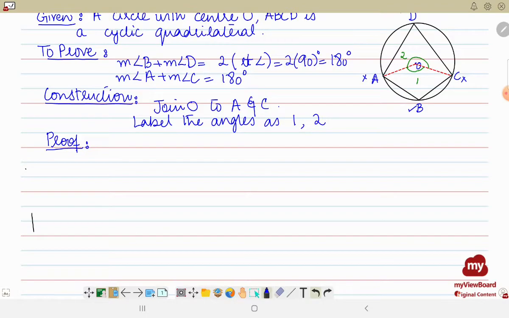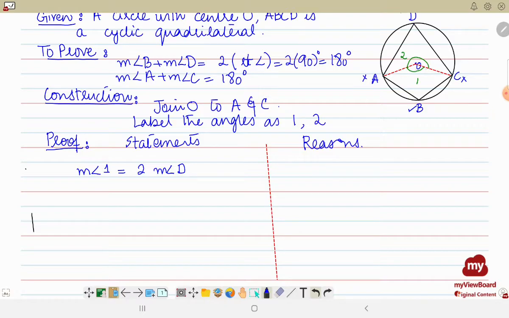Statements and reasons. The very first thing we know from theorem number 1 from this chapter is that measure angle 1 is equal to 2 times measure angle D. The theorem says that the central angle is twice the circumference angle, or you can say the angle at the center is twice the angle at the circumference.